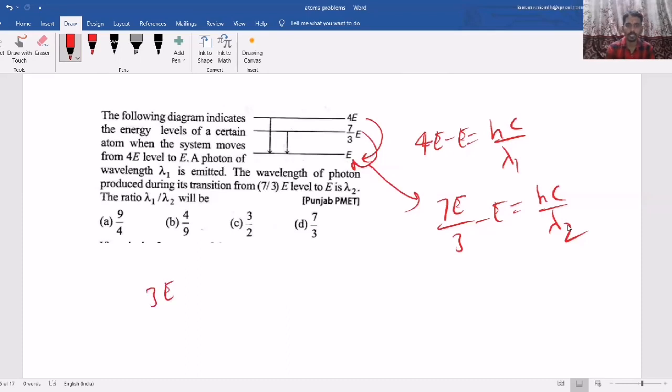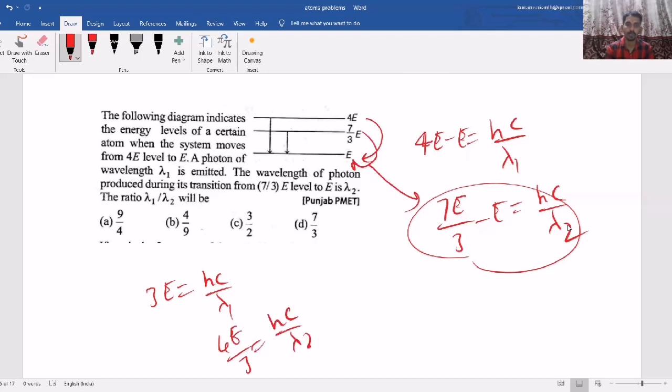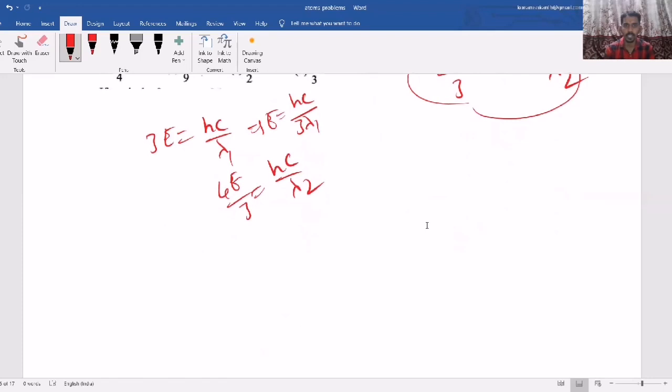Now this equation will become 3E equal to hc by lambda 1. This equation will become 4E by 3 equal to hc by lambda 2. Now from here E equal to hc by 3 lambda 1. Now this value you substitute here: 4 by 3 into E, which is hc by 3 lambda 1, equal to hc by lambda 2.